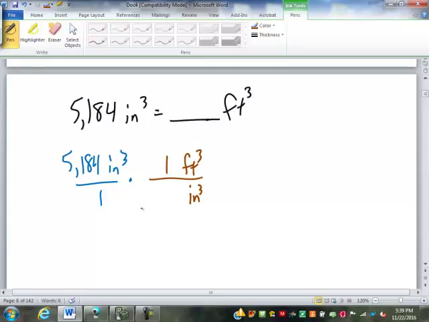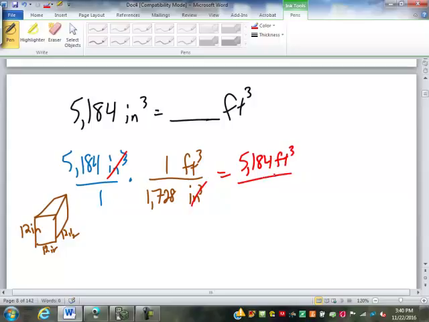Do you remember how many cubic inches are in a cubic foot? 12 times 12 times 12, exactly, which is 1,728. So the cubic inches cancel out. 5,184 times 1 cubic foot is 5,184 cubic feet. 1 times 1728 is 1728. That divides out to give you 3 cubic feet.